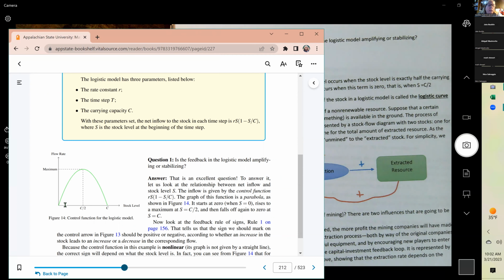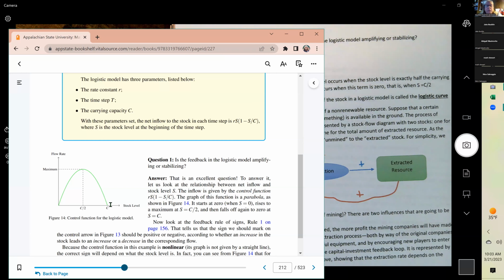Notice at first, as the stock is increasing, the flow rate's increasing, but then when it hits a maximum, the flow rate, or the amount going out, is decreasing as the stock level increases. The ones we've dealt with before were always a straight line. It was a consistent growth or decay. Here, part of the time it's increasing, and then the second half of the time it's decreasing.